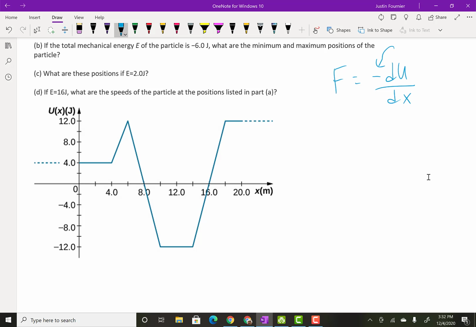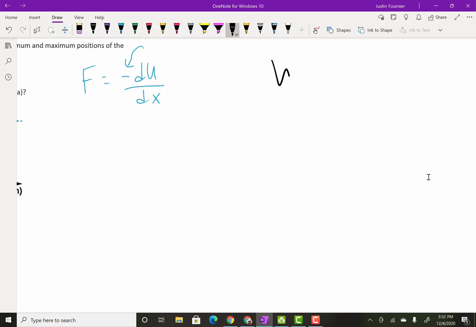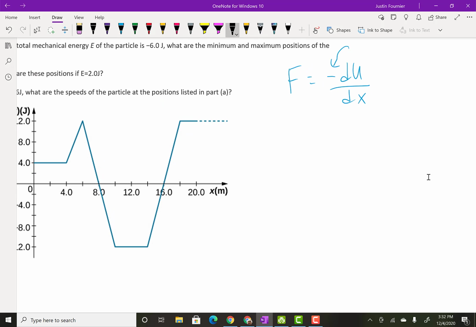I'm not going to go too much into the negative explanation, but if you're confused about that, go back to when we were first defining conservative forces and how they relate to potential energy. Basically, it comes from this relationship: the work done by a conservative force is equal to the negative change in potential energy.